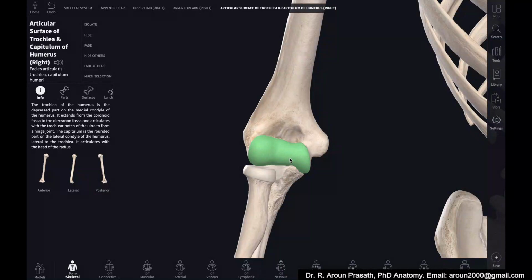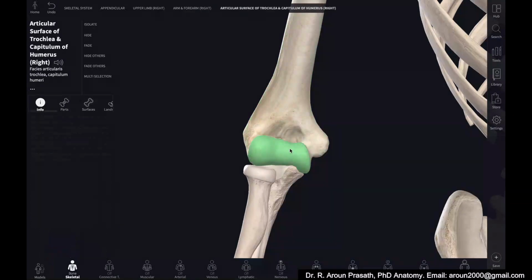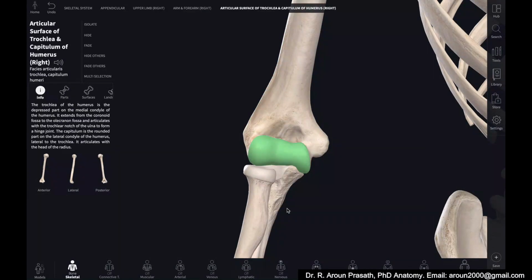Before that, just know this part: you divide this part into two.